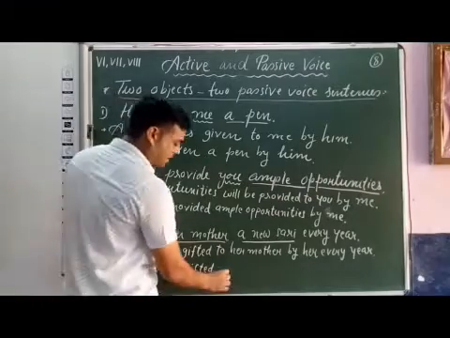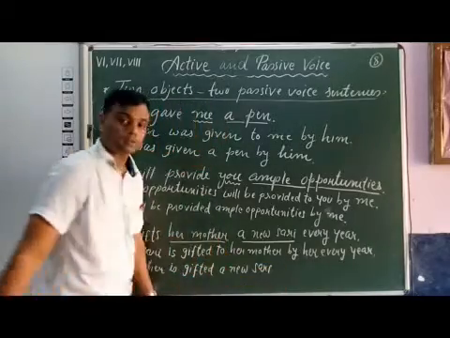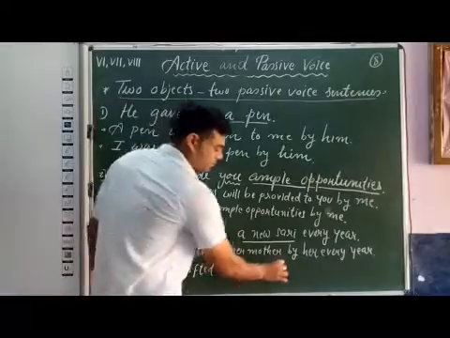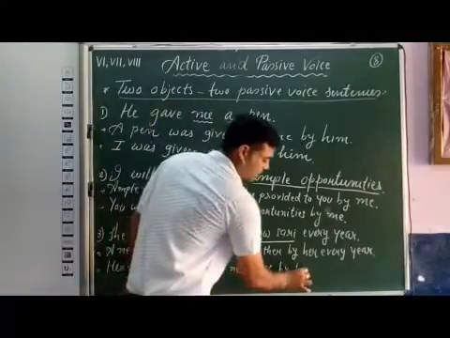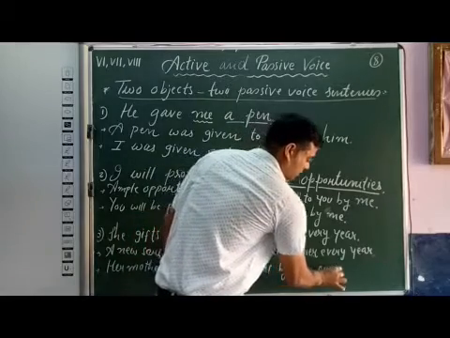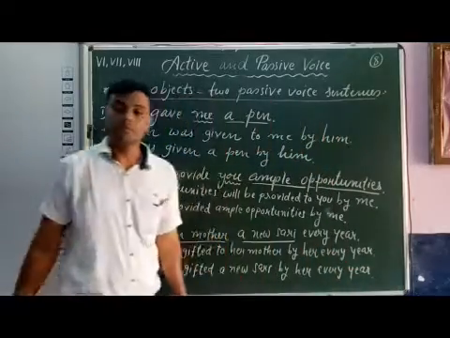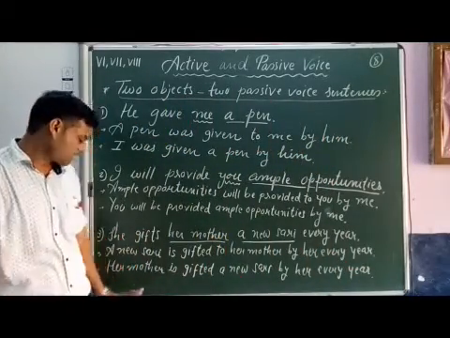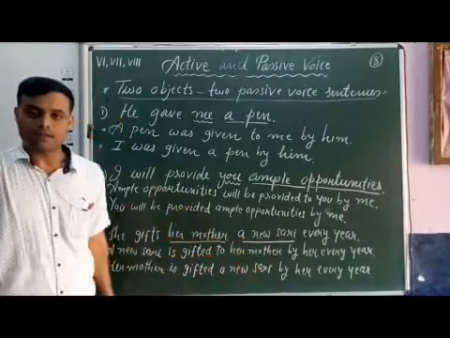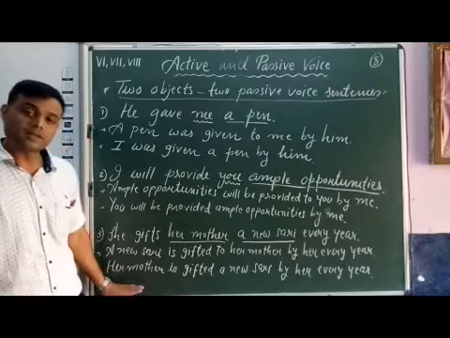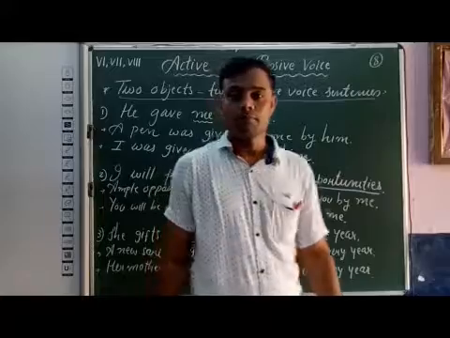Her mother is gifted a new sari, by, subject she, so by its object pronoun her, and other words every year. The sentence is in passive voice. Her mother is gifted a new sari by her every year. I repeat, her mother is gifted a new sari by her every year.